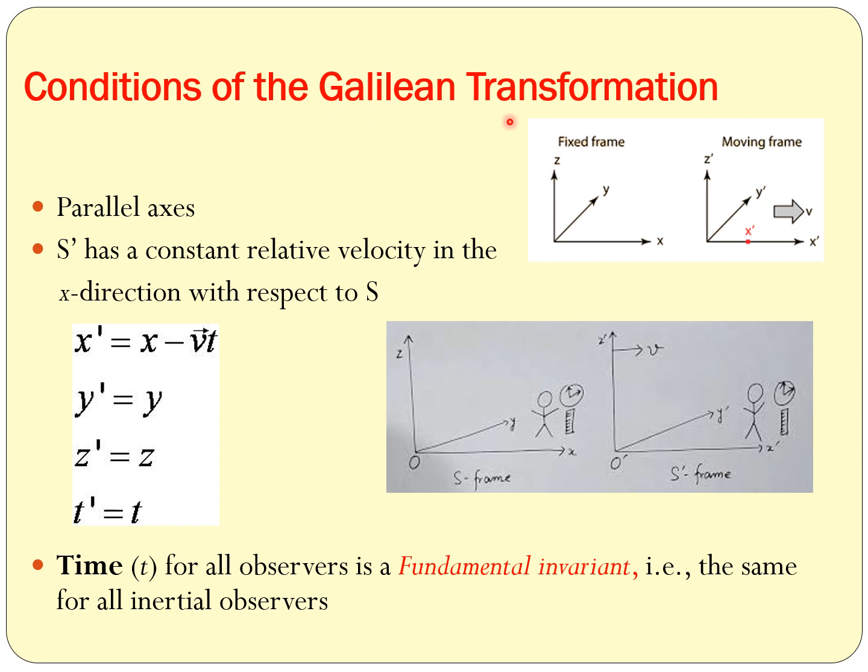In the Galilean transformation equations there are some conditions. They are valid for parallel axes, and the frame should move with constant velocity, and usually time t prime equals t. For all observers, time is fundamentally invariant, meaning time is the same for all inertial observers.